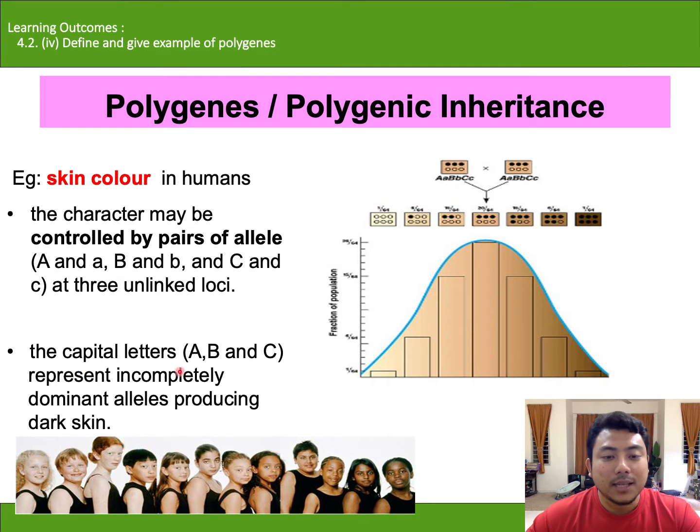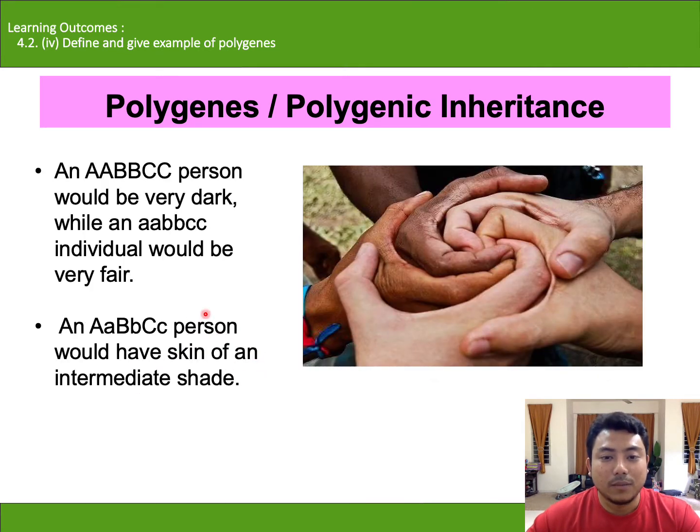The capital letters A, B, and C represent incompletely dominant alleles producing dark skin. This means that a person with capital A capital A, capital B capital B, capital C capital C would have a very dark skin tone, while a person with small a small a, small b small b, small c small c would have a very fair skin tone.